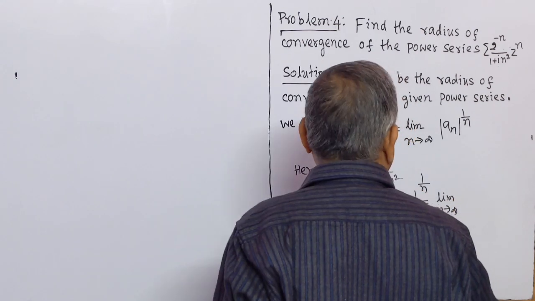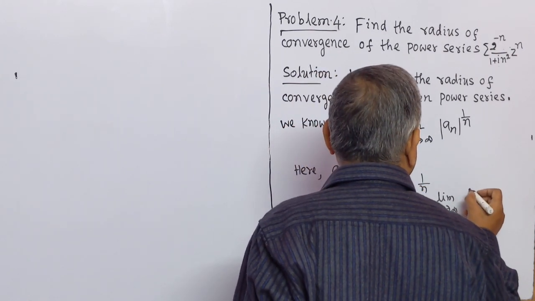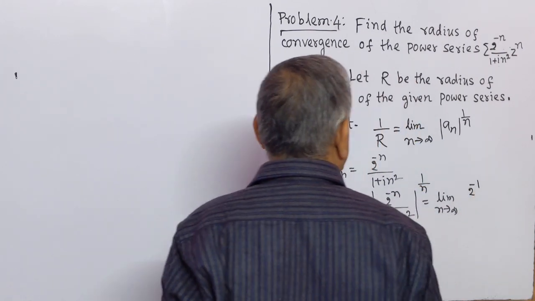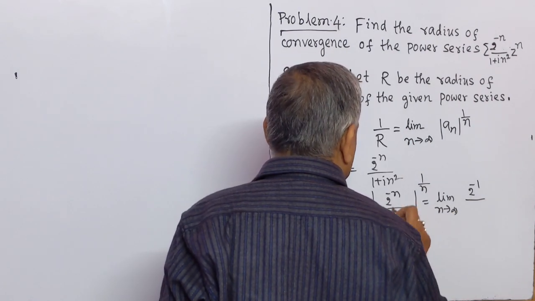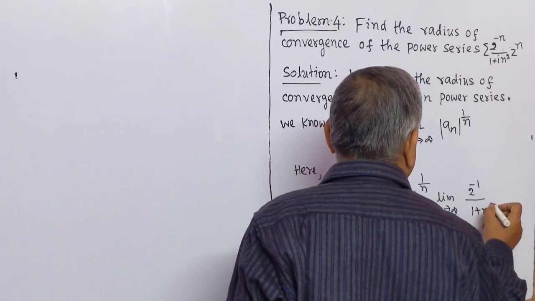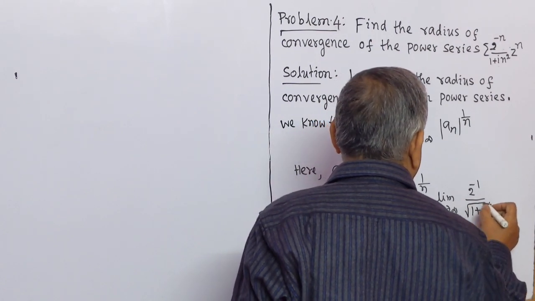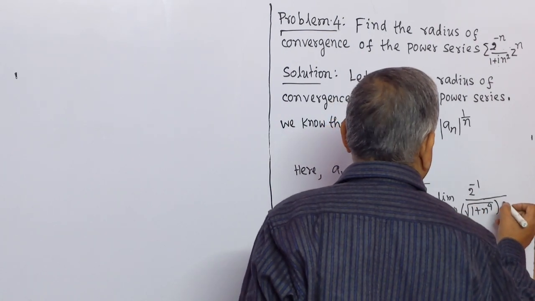Here 2 to the power minus n to the power 1 by n is 2 to the power minus 1, and here modulus of 1 plus i n square equal to 1 plus n to the power 4 square root and to the power 1 by n.